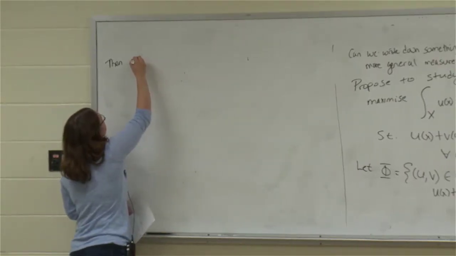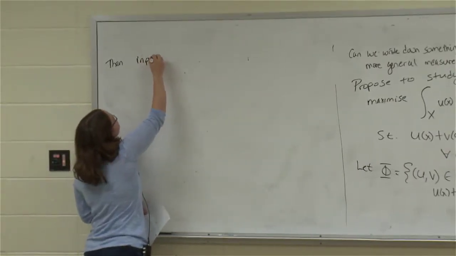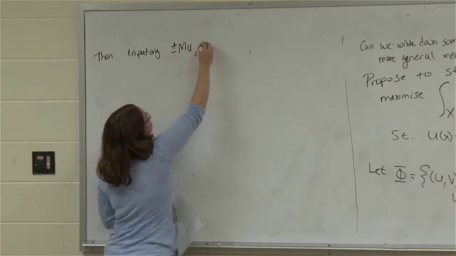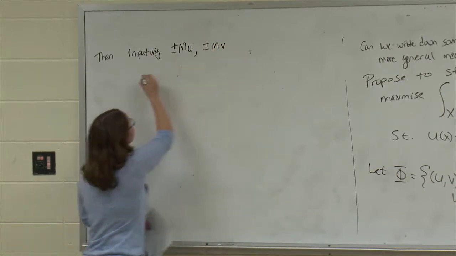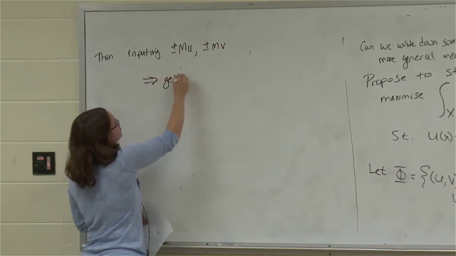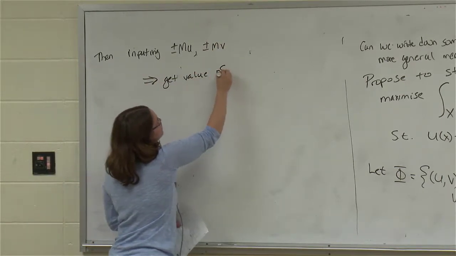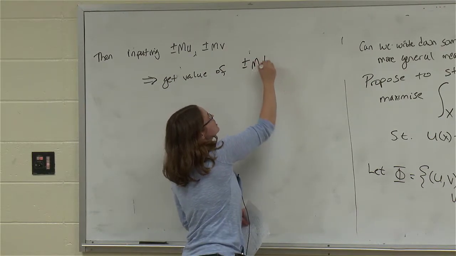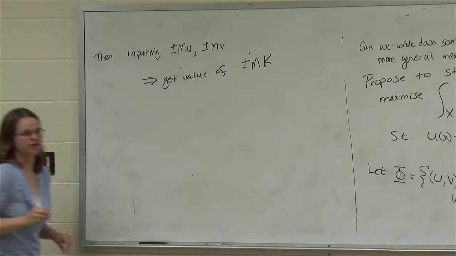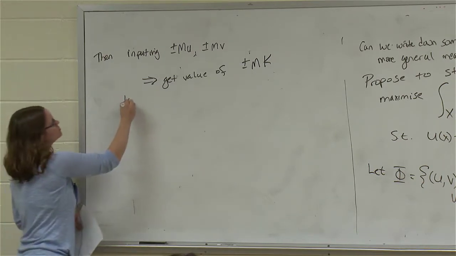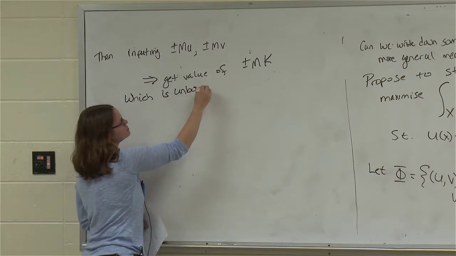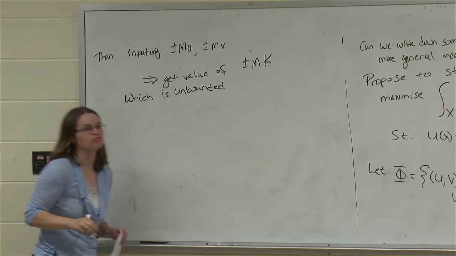Then inputting plus or minus m times u and plus or minus m times v, I can get a value of plus or minus m times k, which I can make arbitrarily large. Okay, and that means the supremum is infinite.